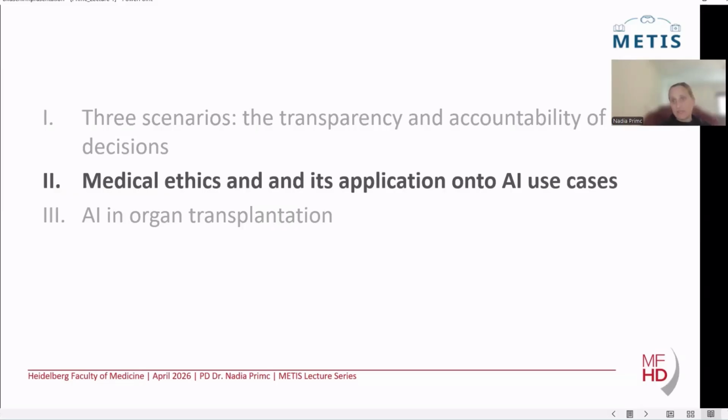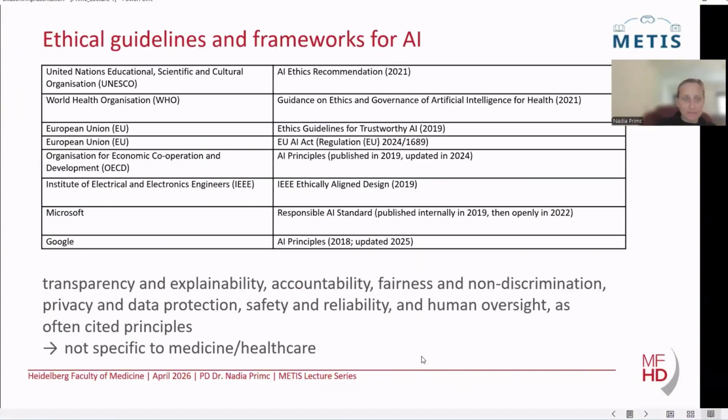So a prognostic tool in the ICU, a diagnostic algorithm in radiology, a resource allocation system in organ transplantation, they each raise distinct ethical concerns, even when they share a very similar underlying technical architecture. So to answer the question of how to make the implementation of AI accountable, we need a framework that adapts to these specific clinical contexts.